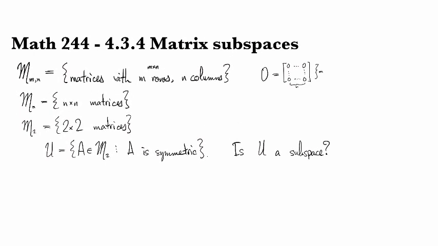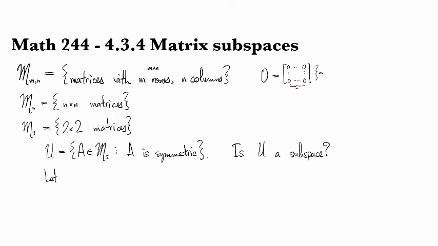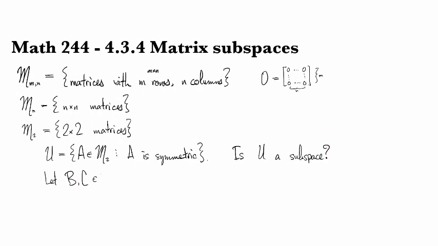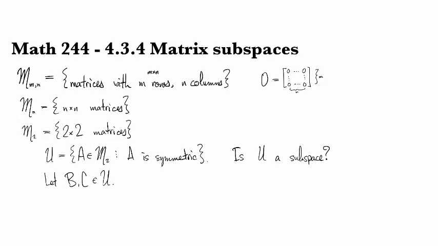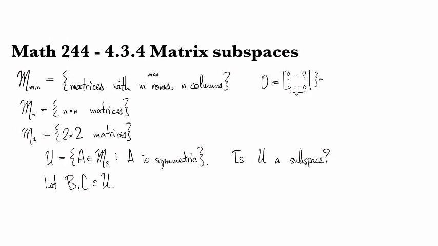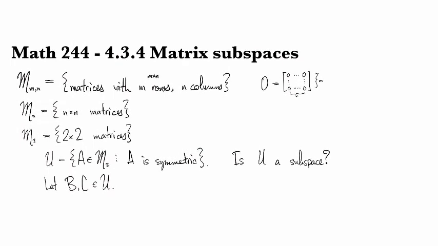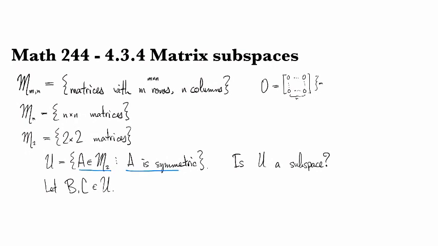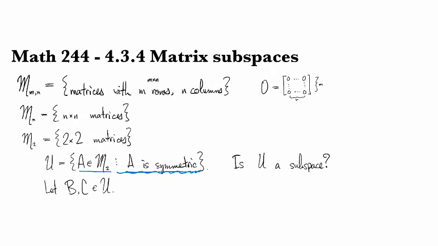Well, let's see. Suppose we take B and C to be elements of U. Well then what does that mean? The whole meaning of coming from this set U means that they are 2 by 2 matrices which satisfy this criterion right here.